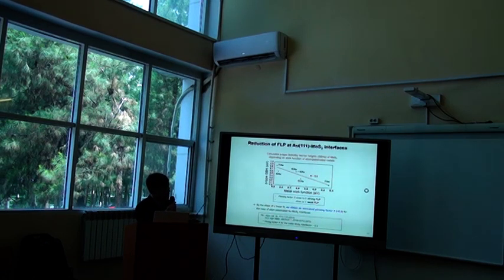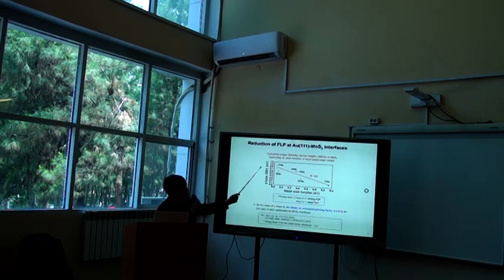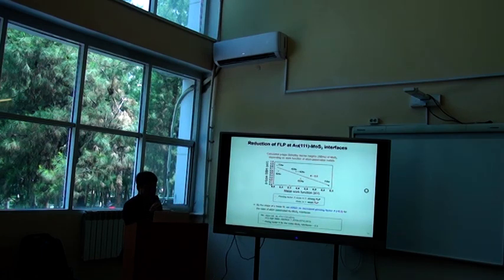To understand this reduction of Fermi level pinning, we calculated the pinning factor. What is the pinning factor? If the pinning factor is close to 0, it means strong Fermi level pinning, while close to 1 represents weak Fermi level pinning. The pinning factor is the slope of the graph of the Schottky barrier height as a function of metal work function.